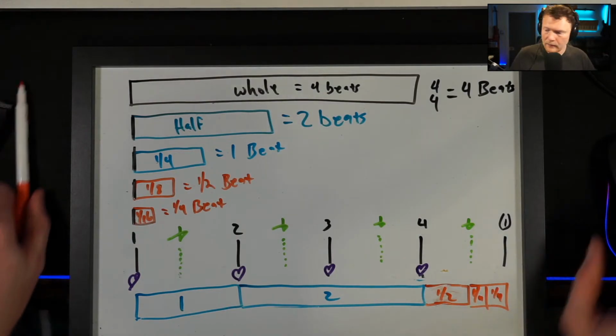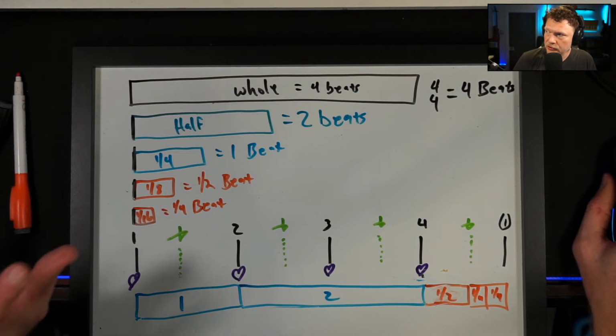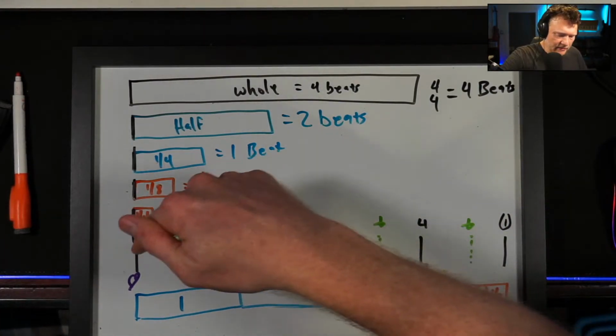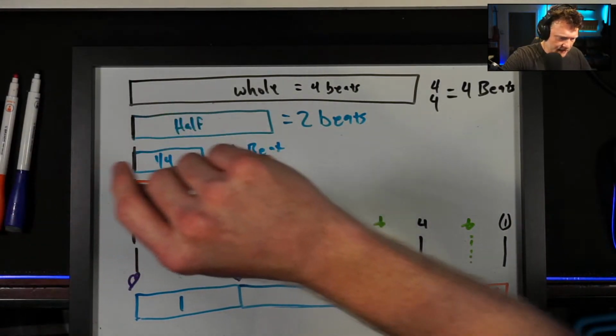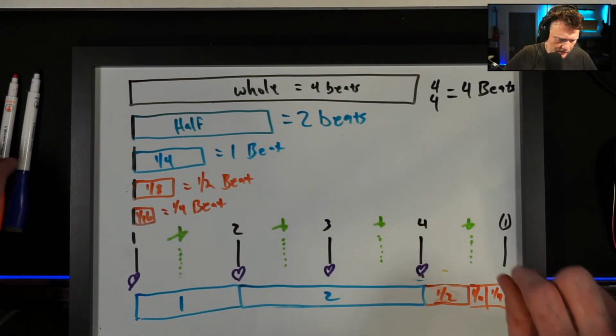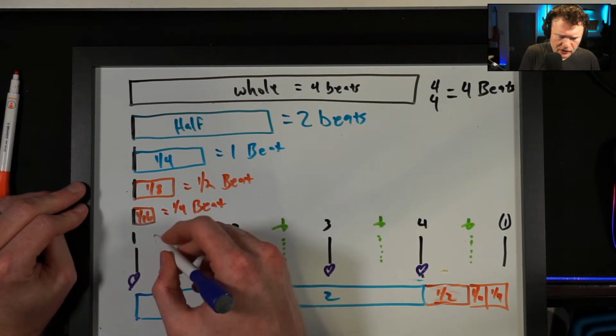Now, that pulse thing is super, super important. We can also subdivide this even further. I'm running out of colors here, so I'm going to use purple again.